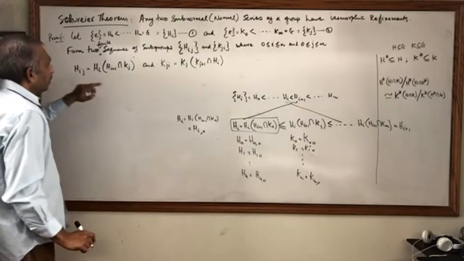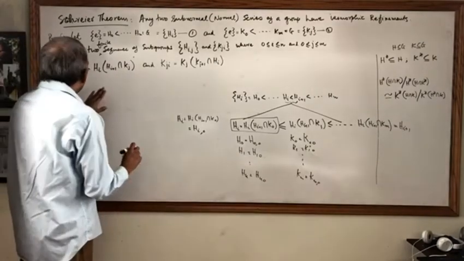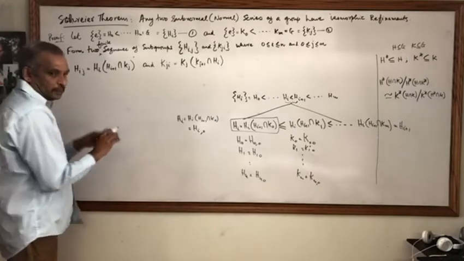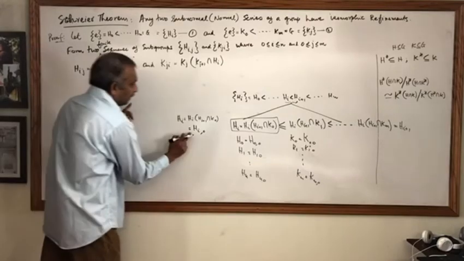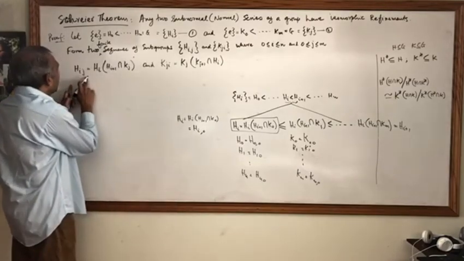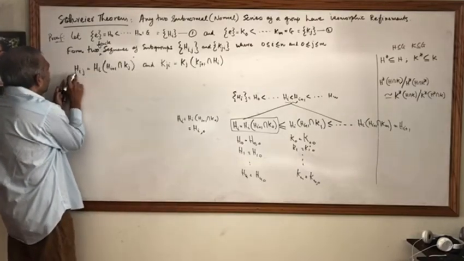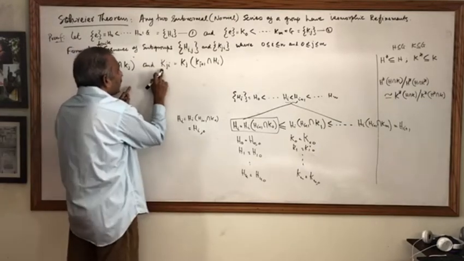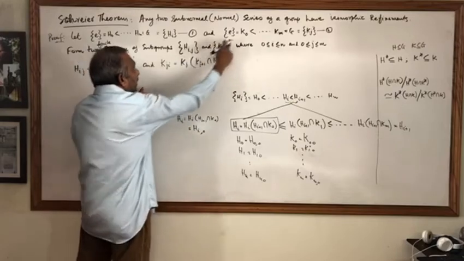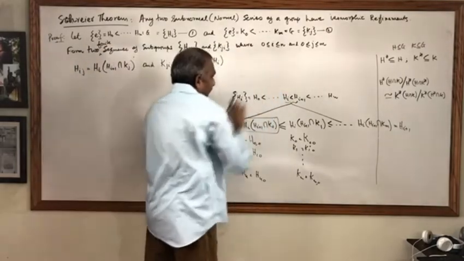Okay, so this is the definition of Hij. With this definition, you will see that the collection of Hij contains Hi and the collection of Kji contains Kj.